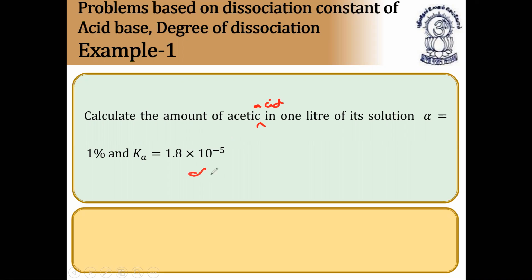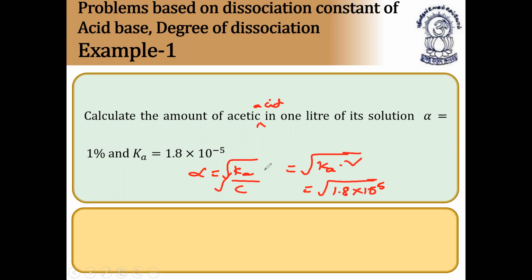Since alpha is equal to root of Ka by C, that is root of Ka into V. Since they have given the volume, it is root of 1.8 into 10 to the power of minus 5.